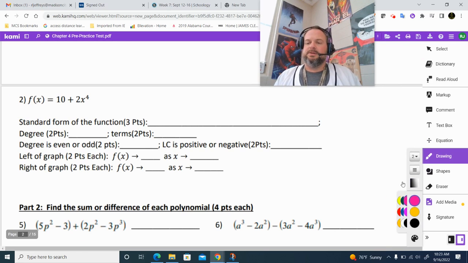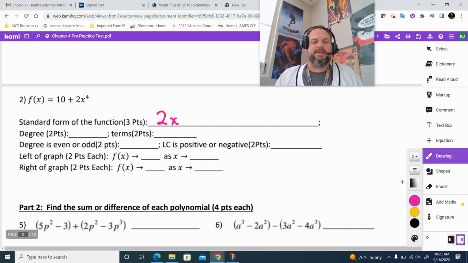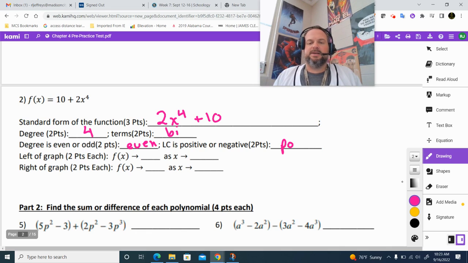Number 2 looks super hard. Standard form looks like this. It's of the 4th degree, and it's a binomial because there's 2 terms. This is an even, and it's positive.